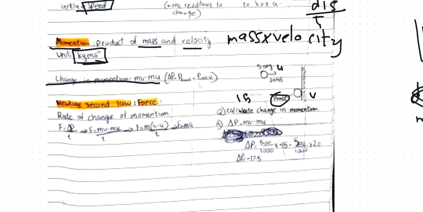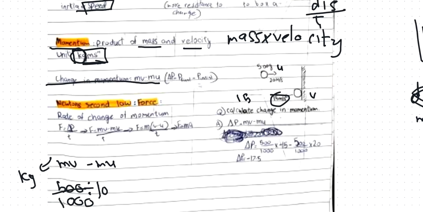I know change in momentum is mv minus mu. Remember, mass is 500 grams. Mass is always calculated in kg because the SI base unit of momentum involves kg. So you'll convert this into kg by dividing by 1000, or you can simply divide this by 10 raised to the power 3.